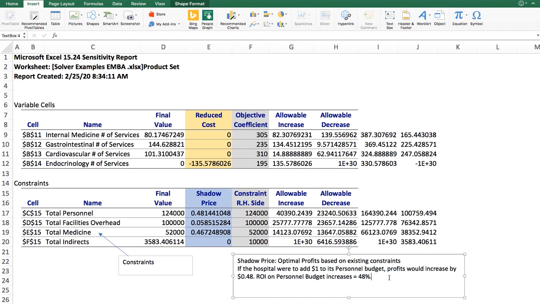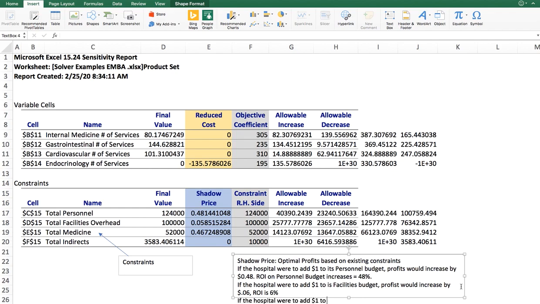If the hospital were to add $1 to its facilities budget, and you've guessed it right, profits would increase by the shadow price, about 6 cents, $0.06, which means the ROI is 6%.